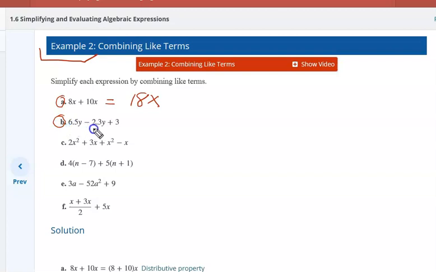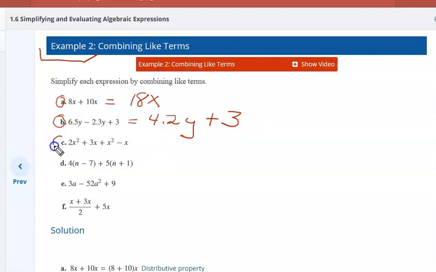Now, you're subtracting the like term part, and that's going to be 4.2y plus 3. So 3 from 5 is 2, and 2 from 6 is 4. Yeah, that looks good.